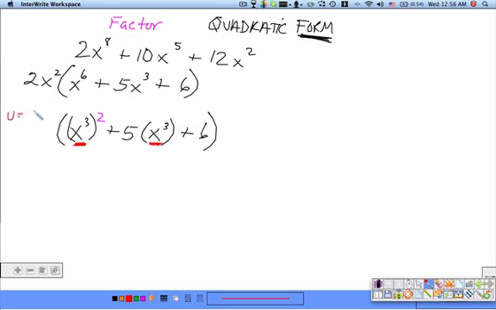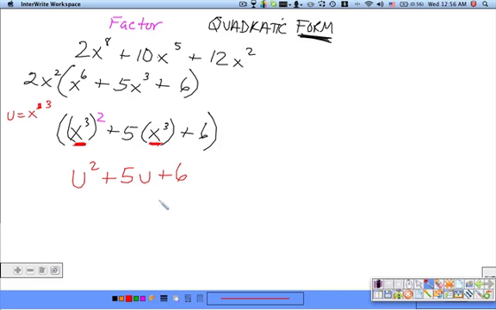U equals x to the 3rd power. Okay? I'm just going to do a little substituting right now. Instead of x to the 3rd, I just said x to the 3rd is u. So, watch what happens. U squared plus 5, instead of x to the 3rd, I'm going to put u, plus 6.